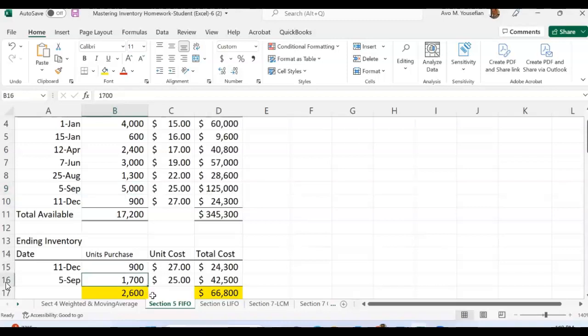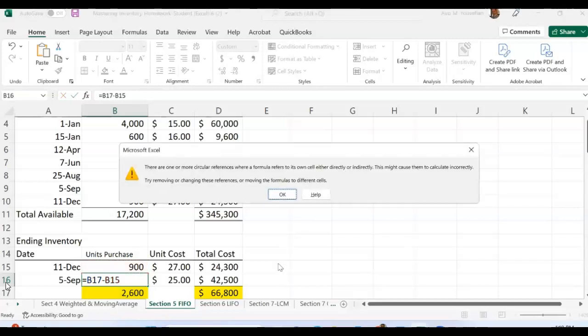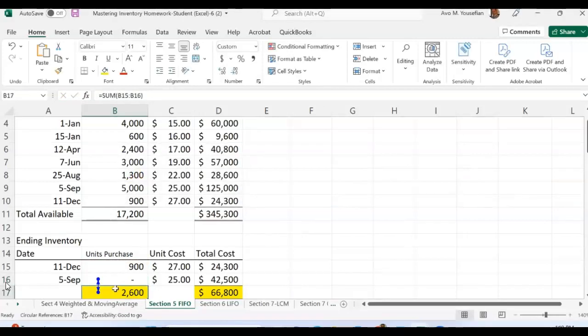So you go here, you say equals to 2,600, which is that number, minus that 900 that we already cut it from December. And okay, let me just change that.